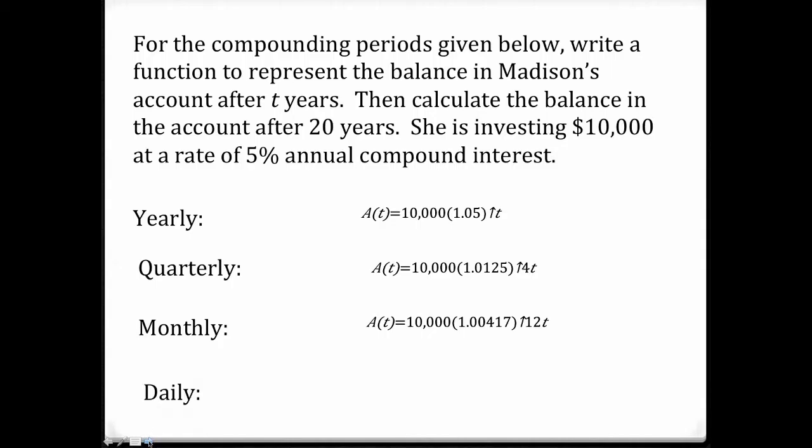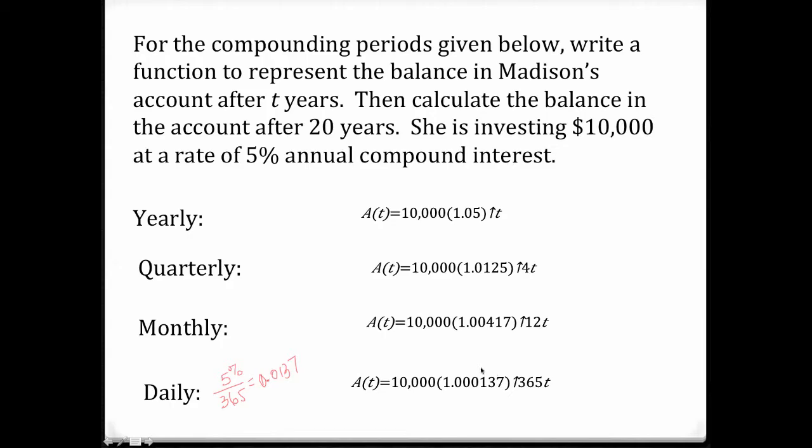And finally, I'm going to do that daily. And daily, of course, I'm going to divide my interest rate of 5% by 365. So that amount is now going to be, let me see, 0.0137, and remember it's going to be 365 time periods.